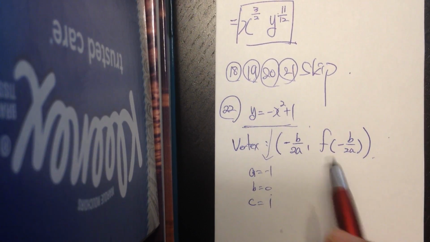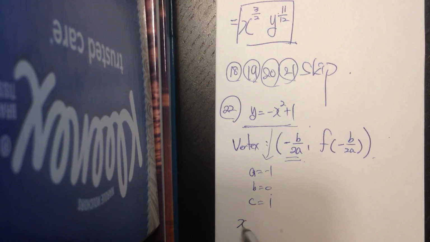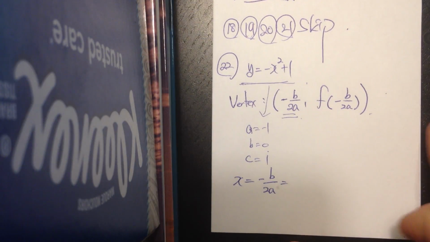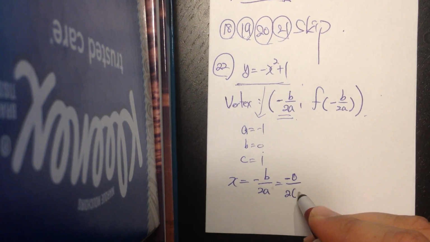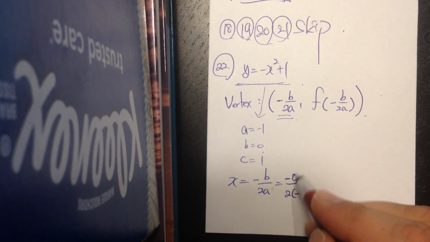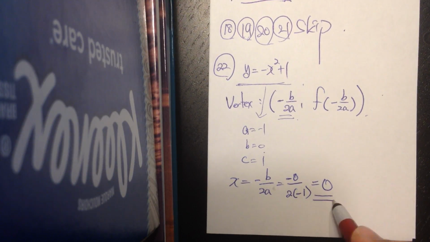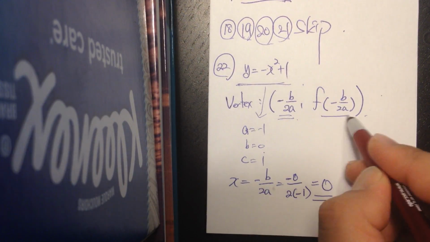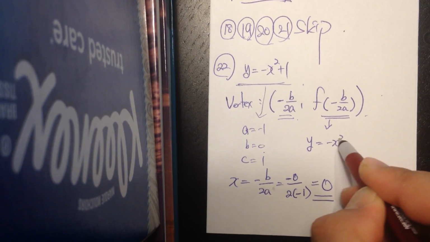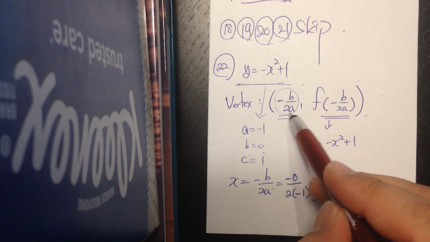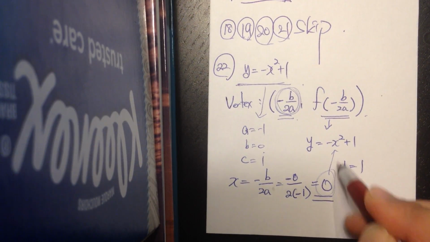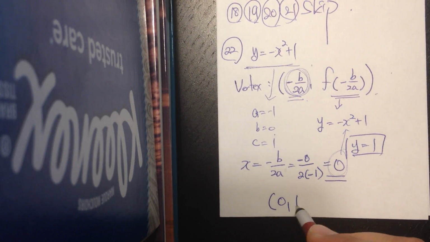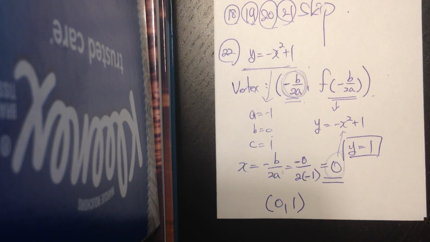So in order to get x equals negative b over 2a, we're going to get negative 0 over 2 times negative 1, which is really 0. Okay? Now, obviously, for the y value, because x turns out to be 0, y happens to be 1. So the vertex will be 0, 1. Okay?